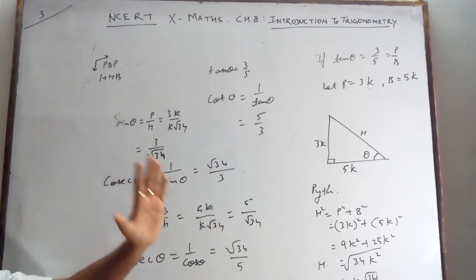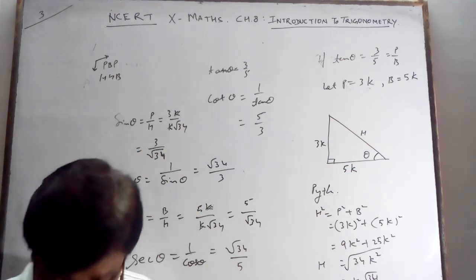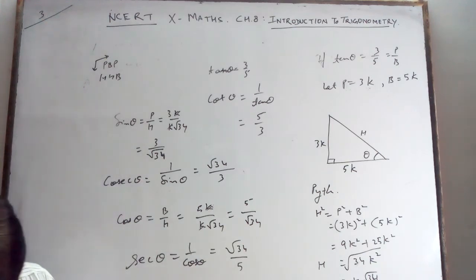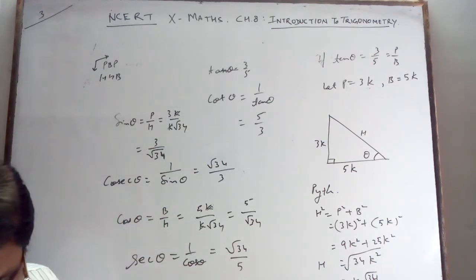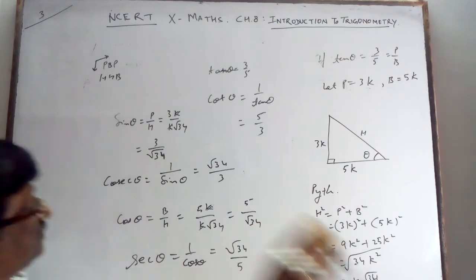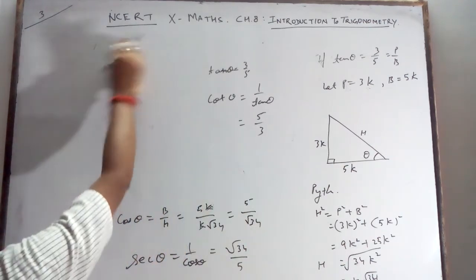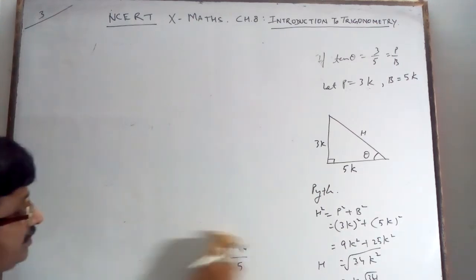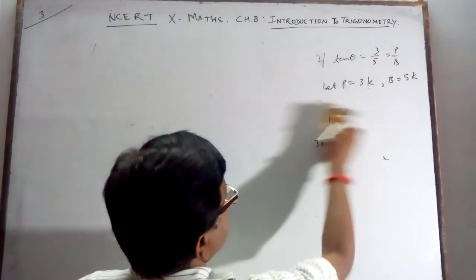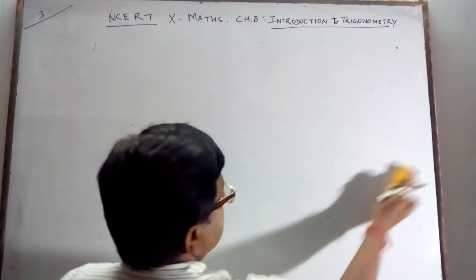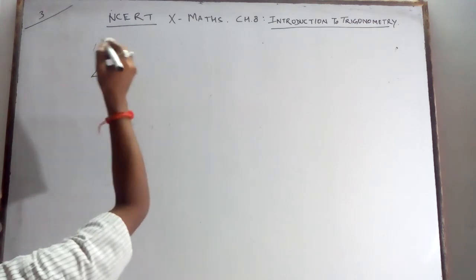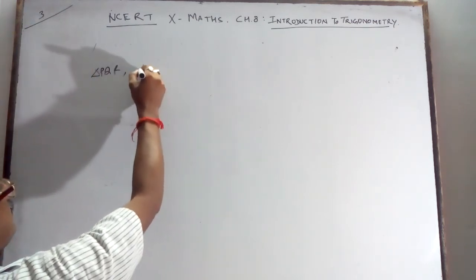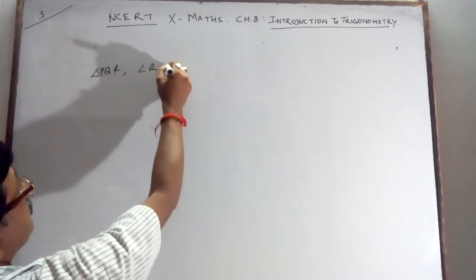Two examples you have seen. Now I will tell you the third example. What is given? Very simple. In a triangle, two sides are given and one angle theta is given. In triangle PQR, angle R is equal to 90 degrees.